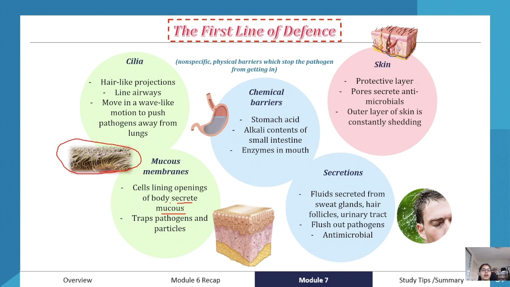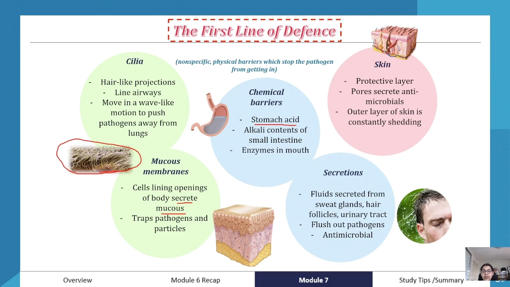Then we've got chemical barriers. These include, for example, stomach acid. Stomach acid is very strong and very acidic, and it is super important in ensuring that any harmful bacteria don't survive those conditions because it is so acidic.